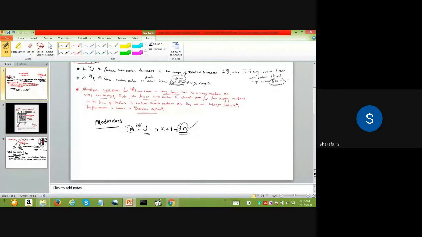These initial neutrons are thermal neutrons with small energy.